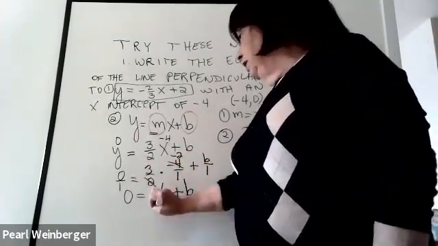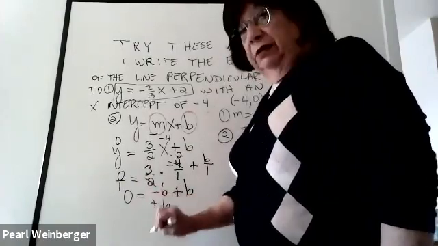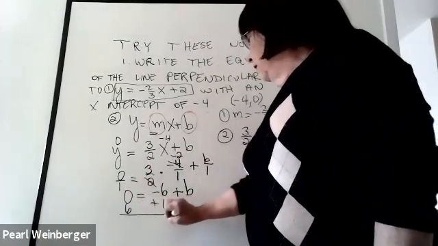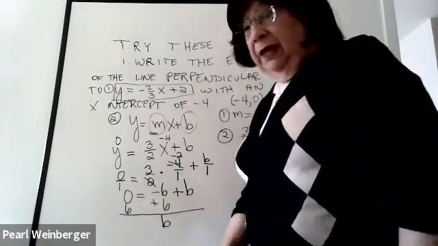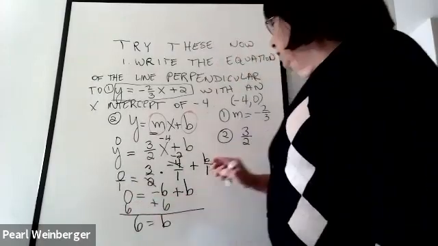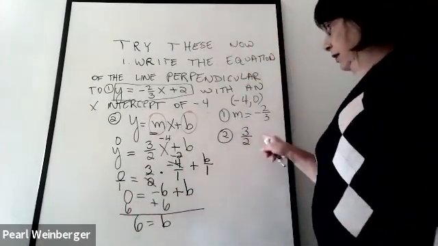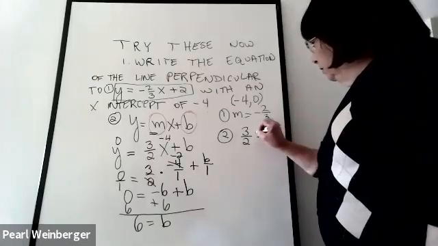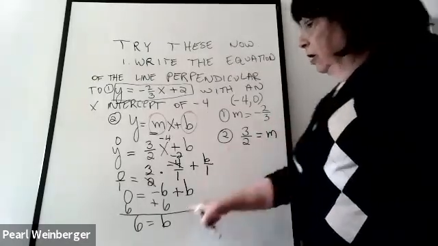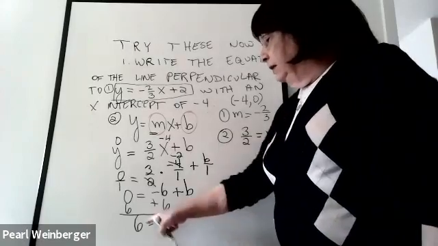And all I have to do is now bring the 6 to the other side. So it turns out that my b is equal to 6. So now I have both pieces. I have that the slope, the m, is 3/2, the y-intercept, the b, is 6.